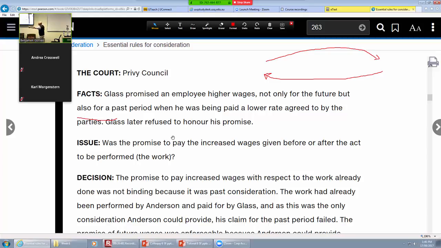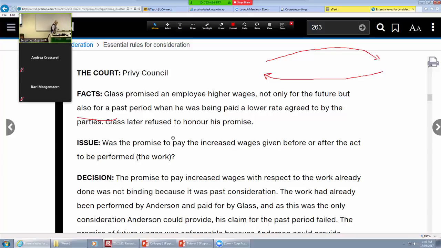But not only for the future, which would be reasonable, right? If I give you a promotion or a merit increase or whatever you want to call it, that's fine. We're talking about what's going to happen in the future. But his boss also talked about the past. In this case, he was being paid a lower rate agreed to by the parties. This was still something they agreed on. But now they want to change it.